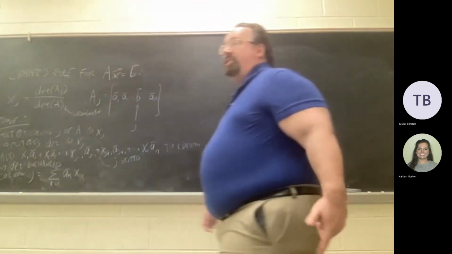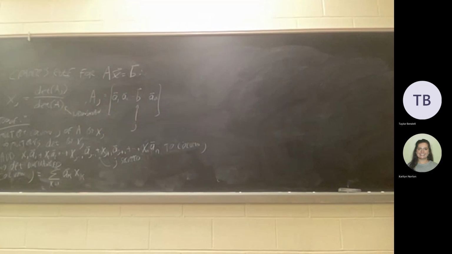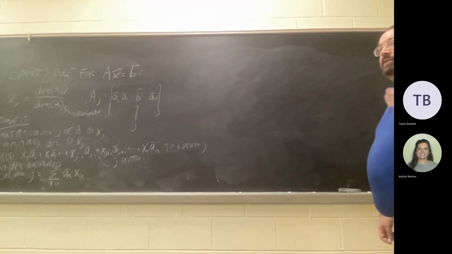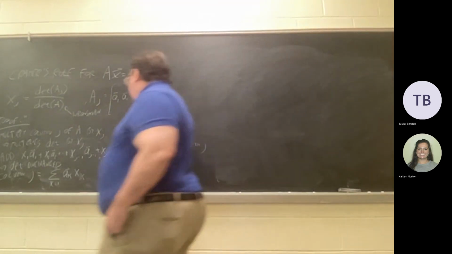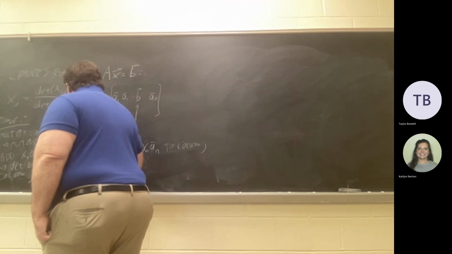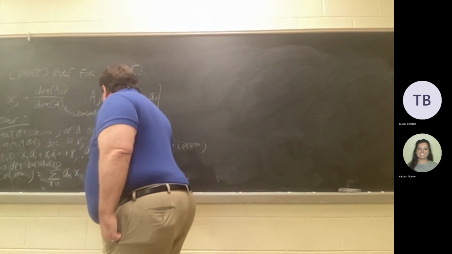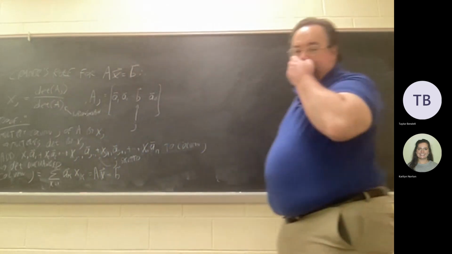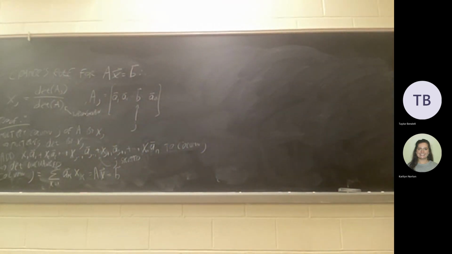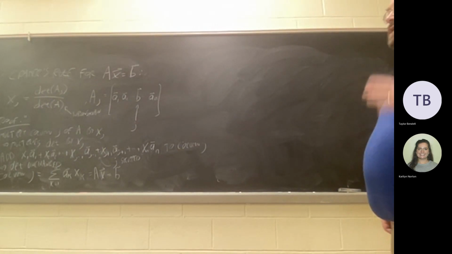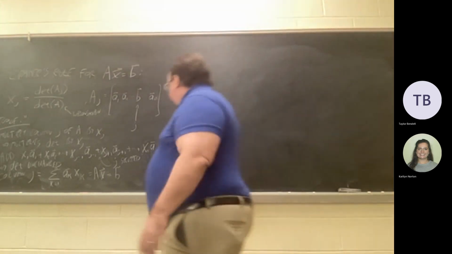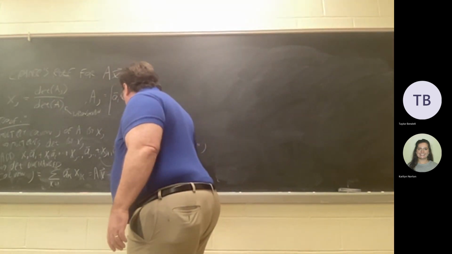So this is a linear combination of the columns of A, all the columns, times the corresponding components of X. Well, that is the same as AX, which is B. So what you've done is you've just transformed A into a matrix where the jth column is now B. So you've just formed the matrix AJ.